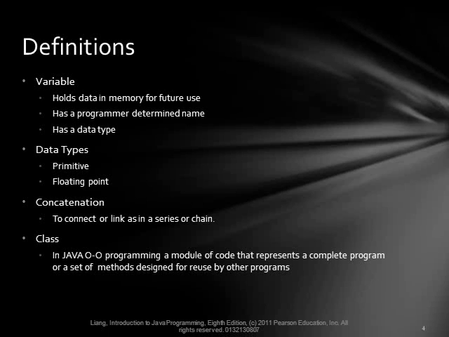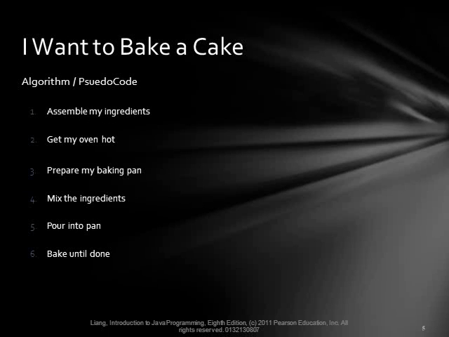The concatenation operator, as we will see, is the plus sign. So it looks as though we're doing addition to a string, but if we're working with strings, it's really not addition. It's called concatenation.